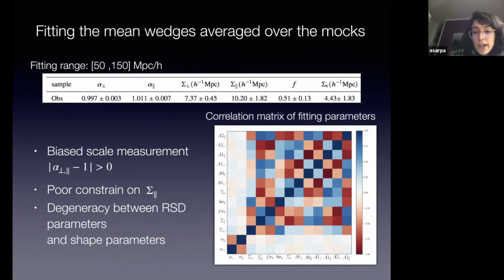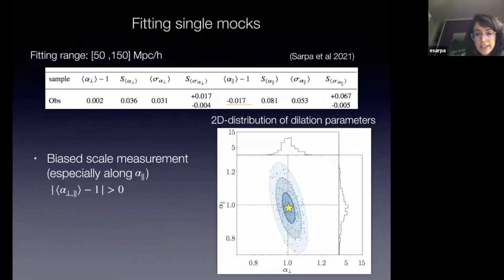Moreover, if we look at the correlation matrix of the fitting parameters, we see that there is a clear degeneracy between the RSD parameters and the shape parameters. This is because our model is not efficient in actually capturing all the sources of both nonlinearities and RSD present in our pre-reconstruction data.